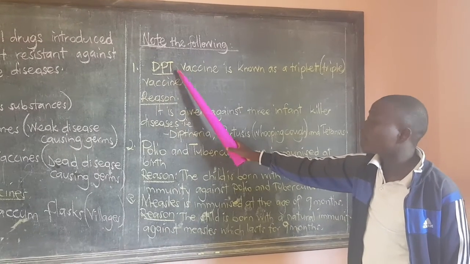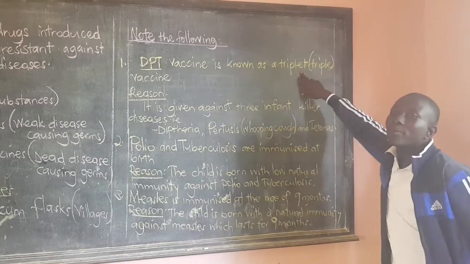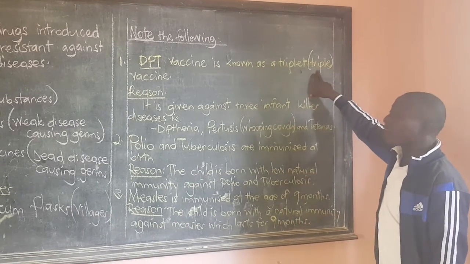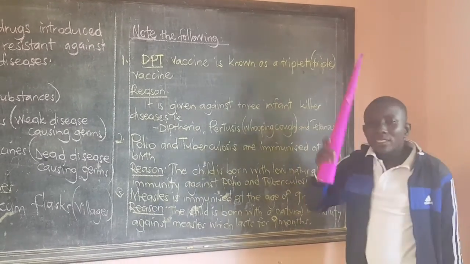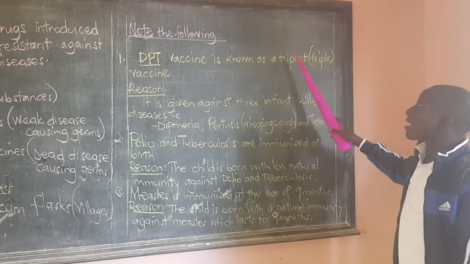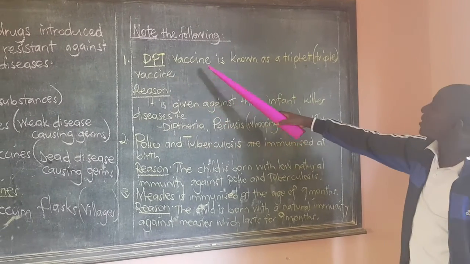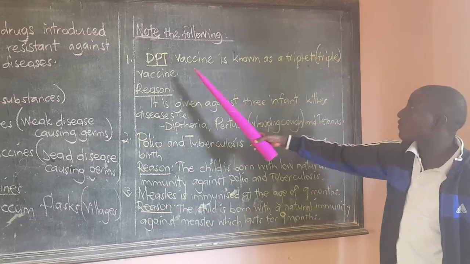This is an example of a vaccine that is known as a triplet or a triple vaccine. They will always ask you, why is DPT known as a triple vaccine or a triplet?